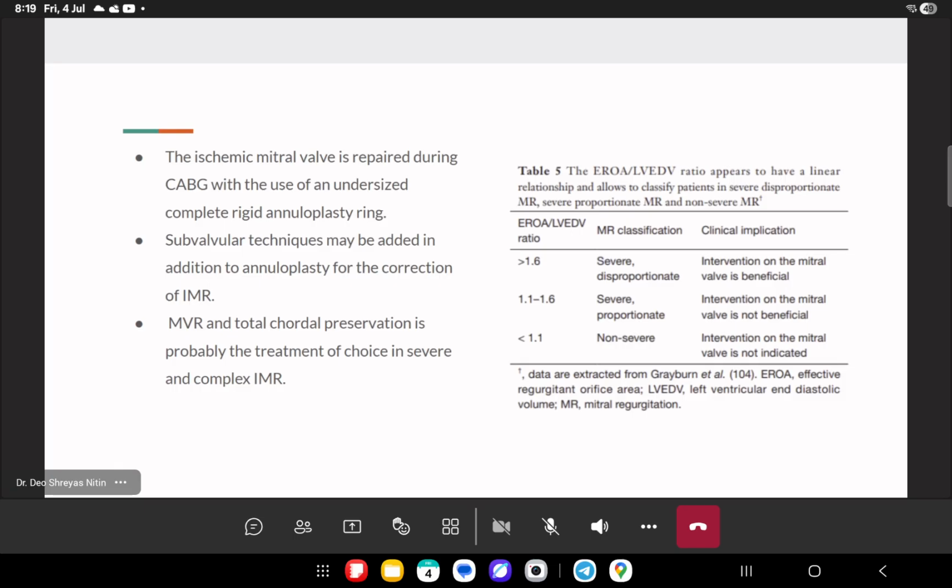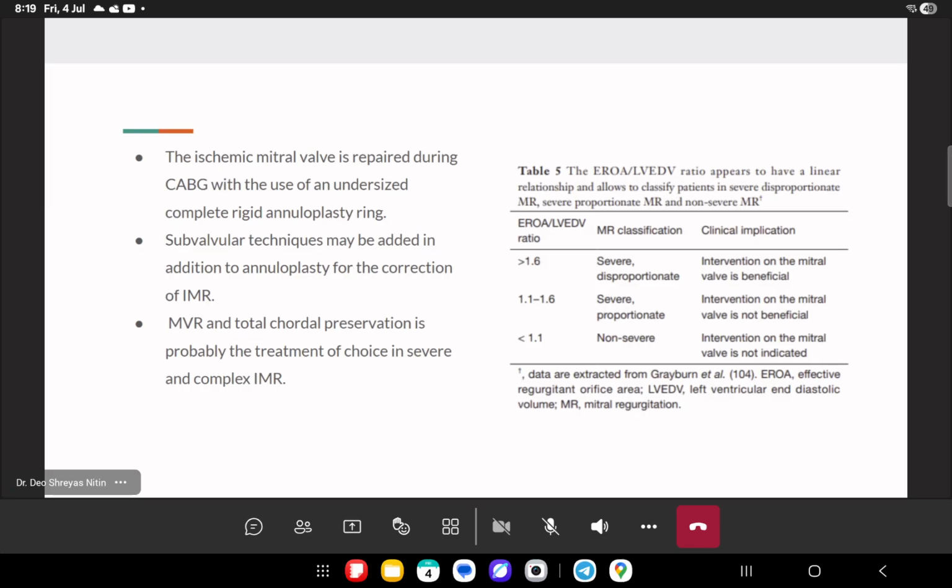Here in the table, we can see the effective MR classification and the clinical implication it will have. Effective regurgitant orifice area divided by left ventricular end diastolic volume can give us the ratio.